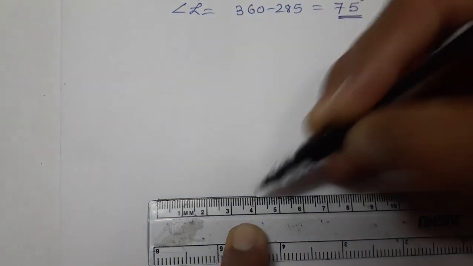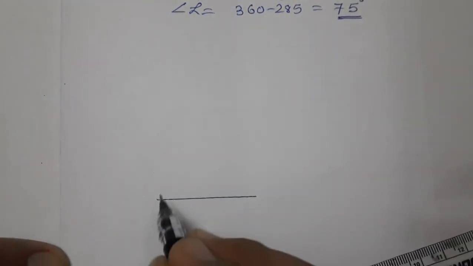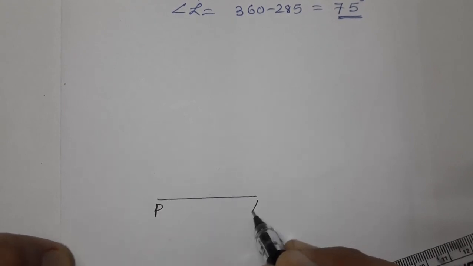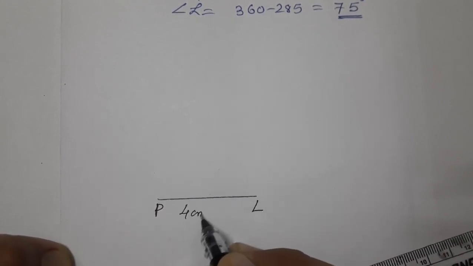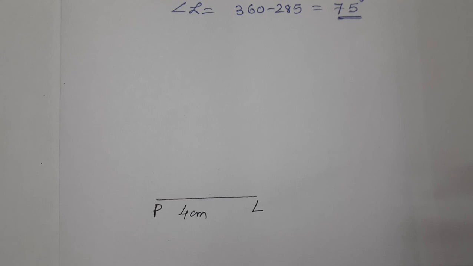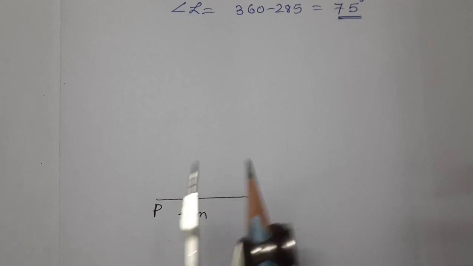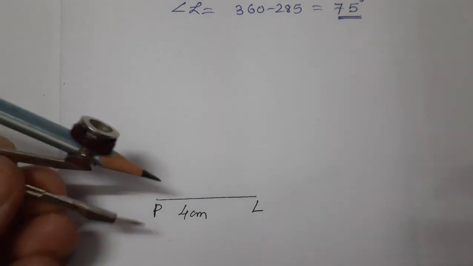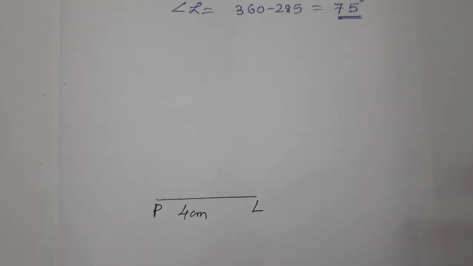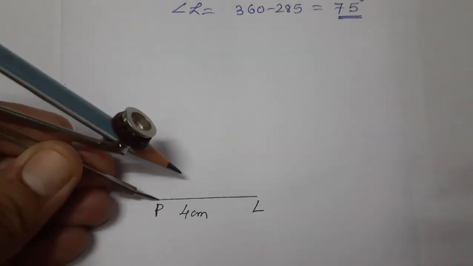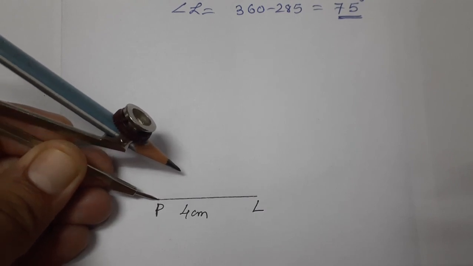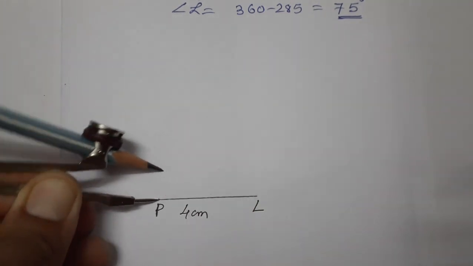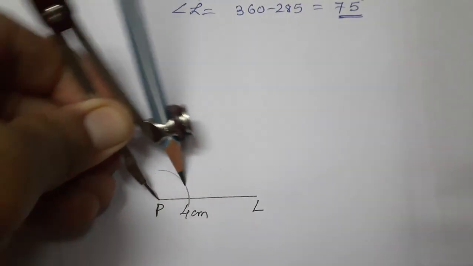This I had taken 4 centimeter, children. PL, measure, write it PL. This is 4 centimeter. Now we have to draw angle P 90, and you know how to make 90 degrees. Take ruler and compass and a convenient arc radius. Draw an arc. We have to make 90 degrees first.